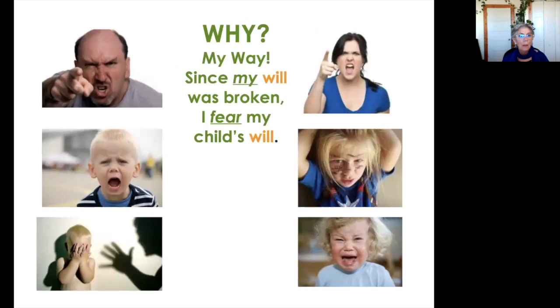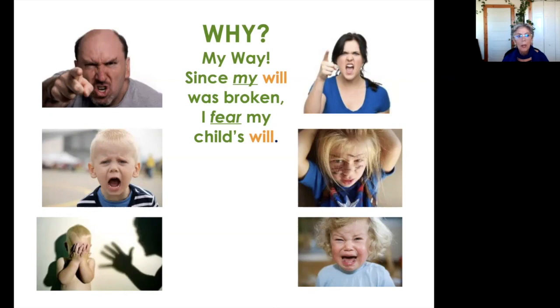So why does it happen that way? Oftentimes the parents who create this kind of pattern for their children do it because their will was broken when they were young, and so they fear their child's self-will.